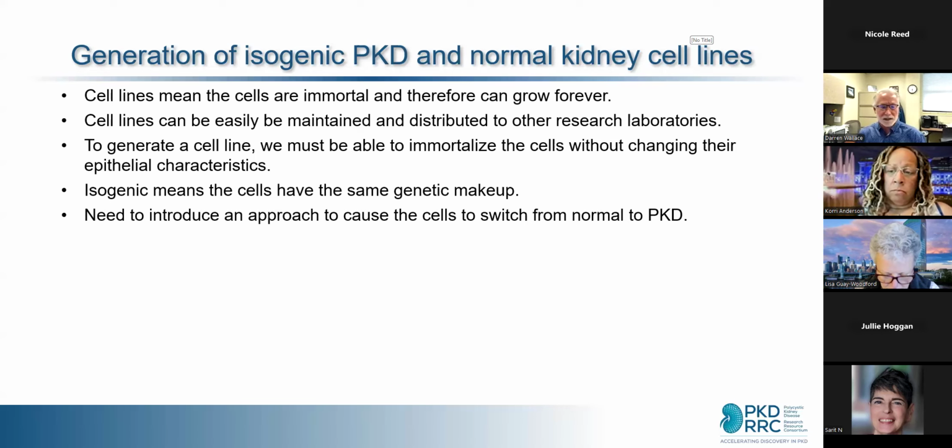But to generate a cell line, you have to be able to immortalize the cells without changing their epithelial characteristics. Epithelial simply is the type of cell that lines the tubules and gives rise to the cyst. So to generate an isogenic line, we need to be able to introduce an approach to cause the cells to switch from being normal to PKD. And this in itself is a tricky process of genetic engineering.